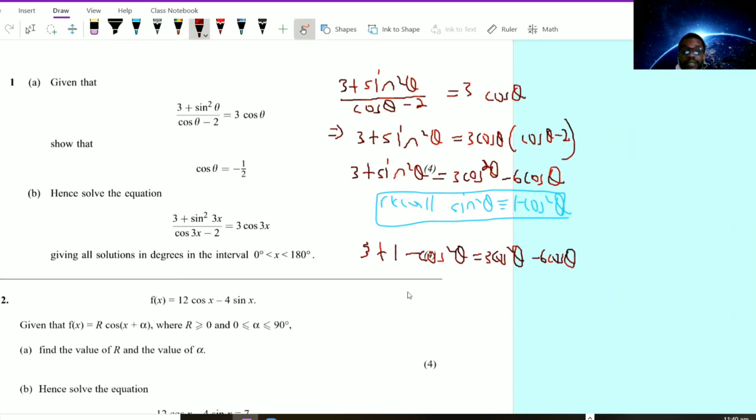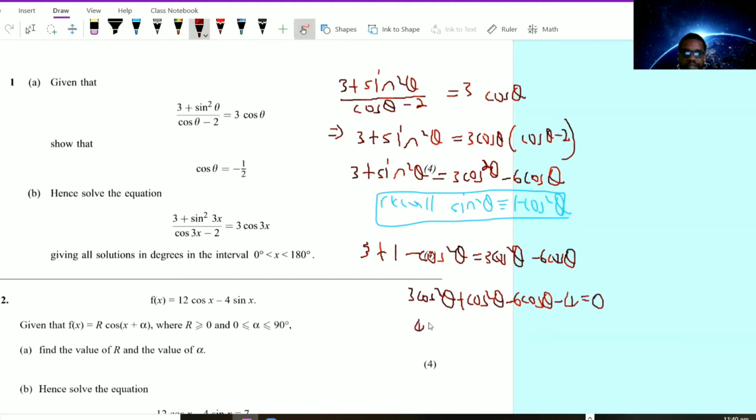All right, we want to have all the like terms on one side. In fact, since it's a hidden quadratic, we're going to take everything to one side. So I'm going to have 3 cos squared theta, this minus cos theta is going to come over as a cos squared theta, minus 6 cos theta. And of course, 3 plus 1 is 4, comes over as a minus 4, and everything is equal to 0.